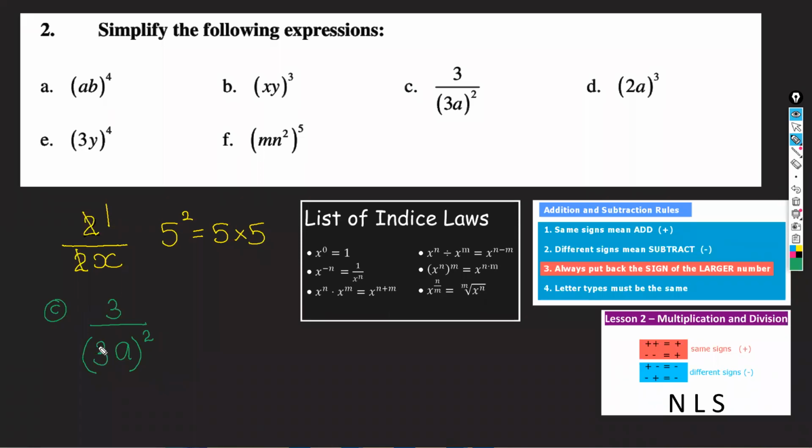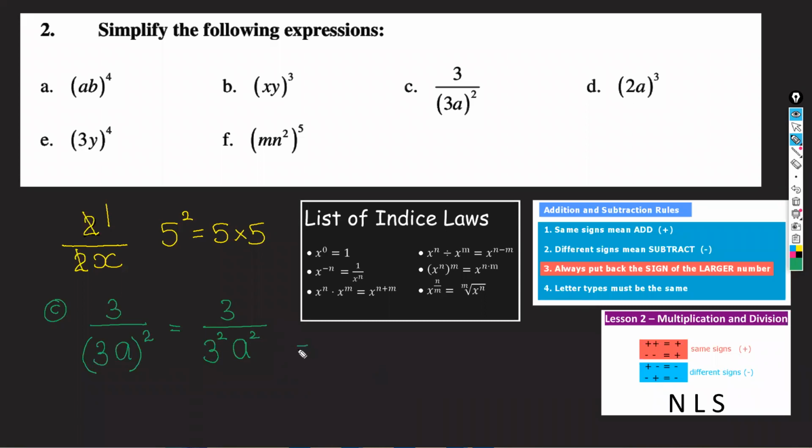It's for protection. But we know from what I've been saying all the time, if this is brackets and you have a squared outside and it's a multiply, that means it's okay to say 3 squared a squared.